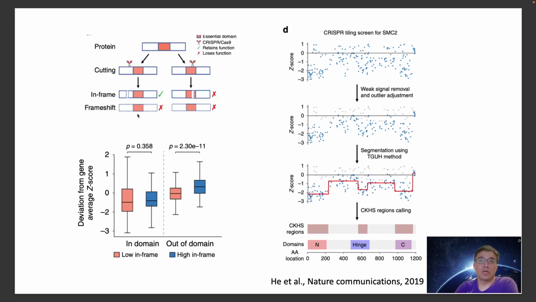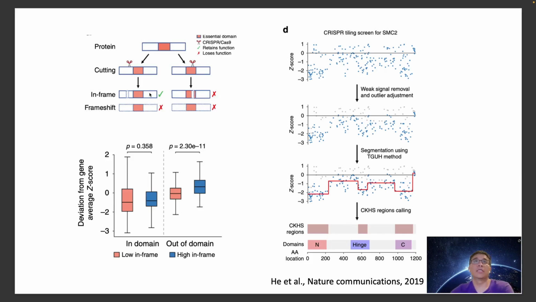So the key point is here. If you introduce an indel at a non-domain or non-important region, it still has some probability to function well as a protein. But if the indel happens in a domain or important region, then the protein has nearly no chance to function well.